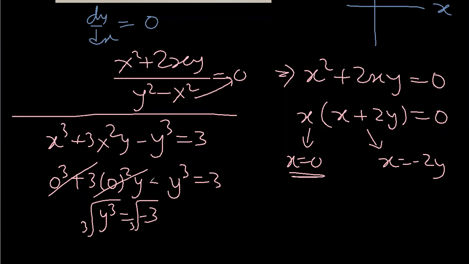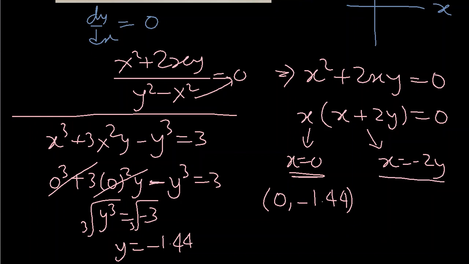I hope you understand. We can transfer this negative to the other side. So y becomes cube root of negative 3, which is negative 1.44 almost. So the first point where the tangent is parallel to the x-axis is x equal to 0, y equal to negative 1.44.